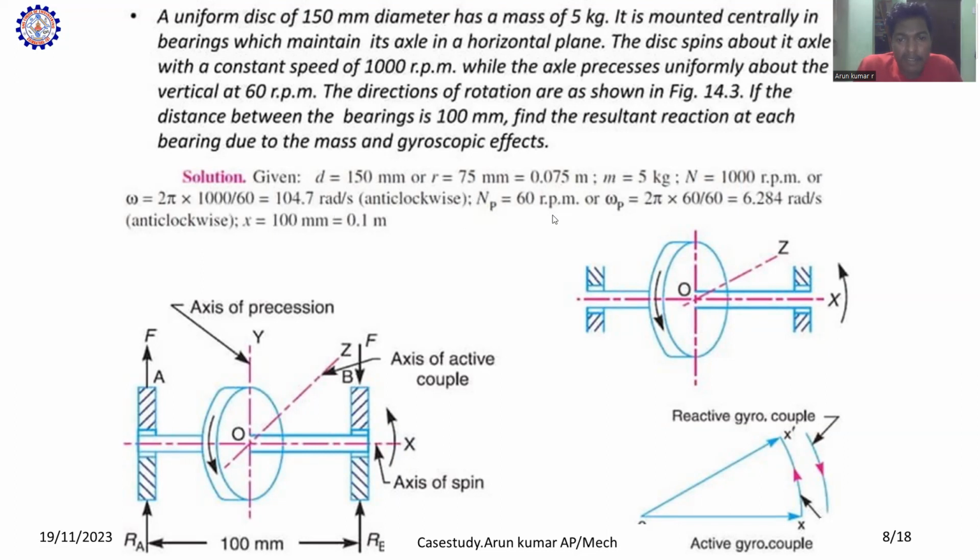The speed of precession is given as 60 rpm, so we find omega p using omega is equal to 2 pi N by 60. We get omega p as 6.284 radian per second in the anti-clockwise direction. The distance x is given as 100 millimeter, so we convert it to 0.1 meter.